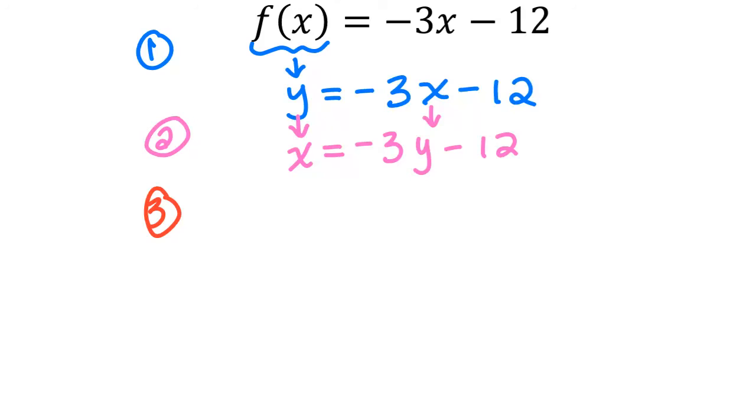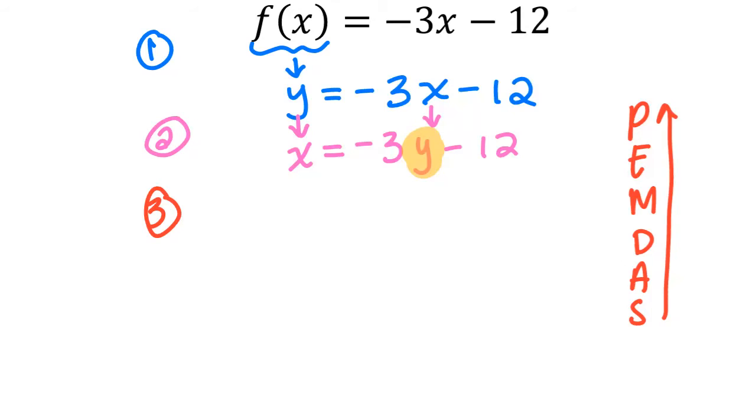My goal is to get this y by itself now. So I have to get rid of the negative 3, and I have to get rid of the negative 12. But we're going to use PEMDAS in reverse, okay? So please excuse my dear Aunt Sally in reverse. So first we get rid of any addition or subtraction. Do you guys see any addition or subtraction on this side over here?